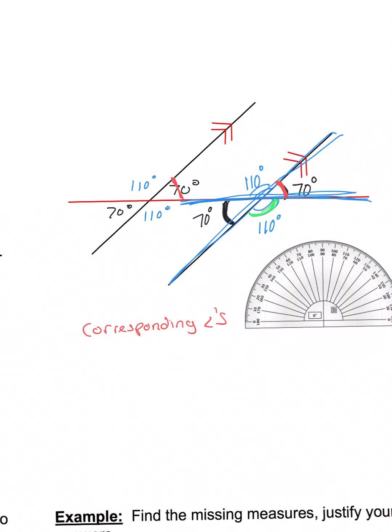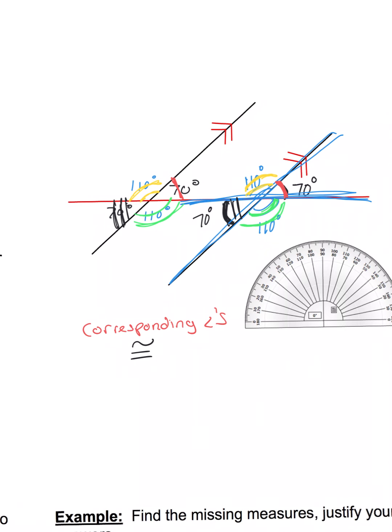Here's bottom right, here's bottom right. Notice how they're both 110. Here's upper left, notice how it's 110. Here's upper left. And then same thing with bottom left, both 70. So corresponding angles are always congruent.